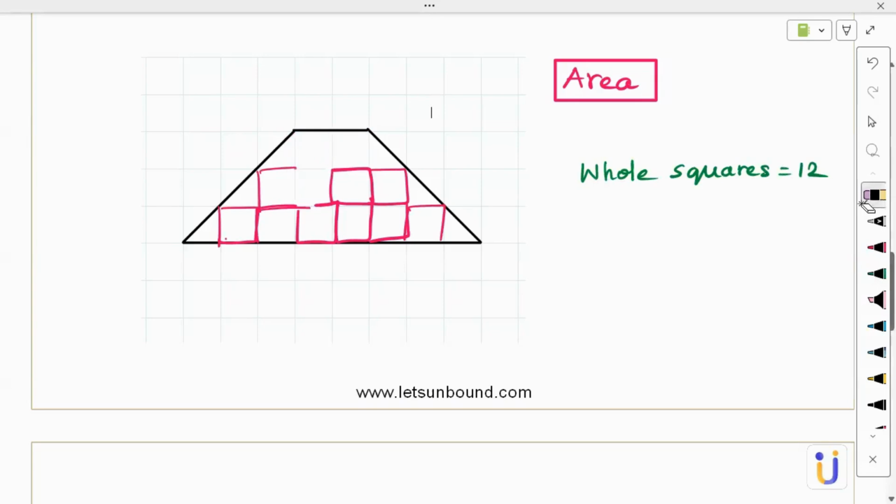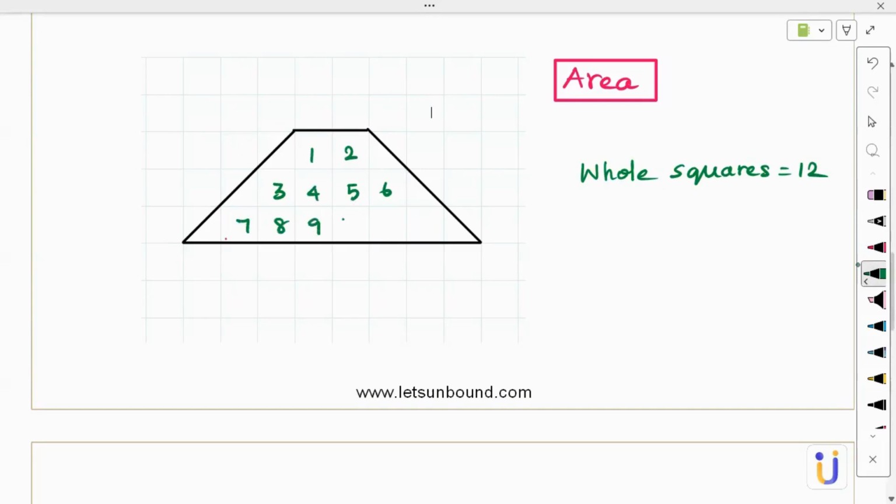I have drawn in this way, but I can just tell you with numbers too, if you want. 1, 2, 3, 4, 5, 6, 7, 8, 9, 10, 11, 12. What about this half? This half and this half, when I combine, they will make a square. This half and this half will make a square. This and this will make a square. How many half squares?